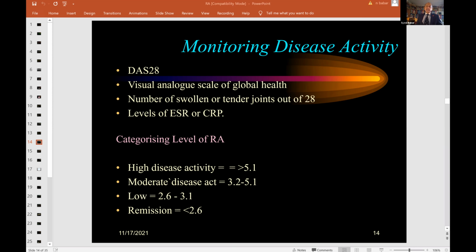There is a visual analog scale of global health as well. So the patient themselves would estimate from 0 to 10 as to how their overall health is affected by their symptoms arising from rheumatoid arthritis. And that leads to a score as well. We have already mentioned about joints involved in the process, mainly the small joints, but also the large ones as well, and the levels of ESR or CRP.